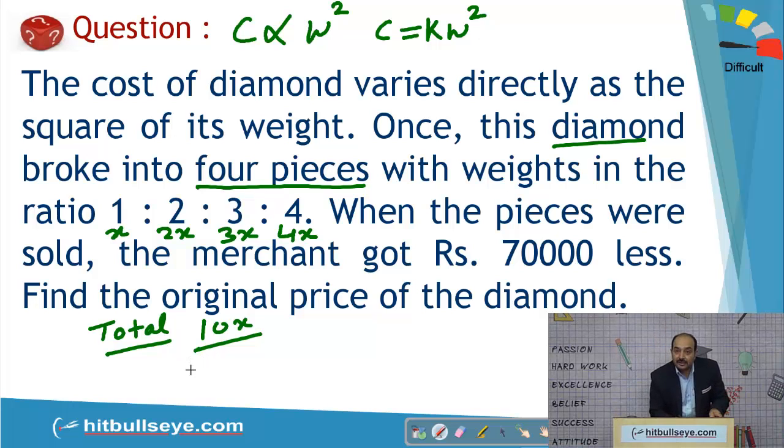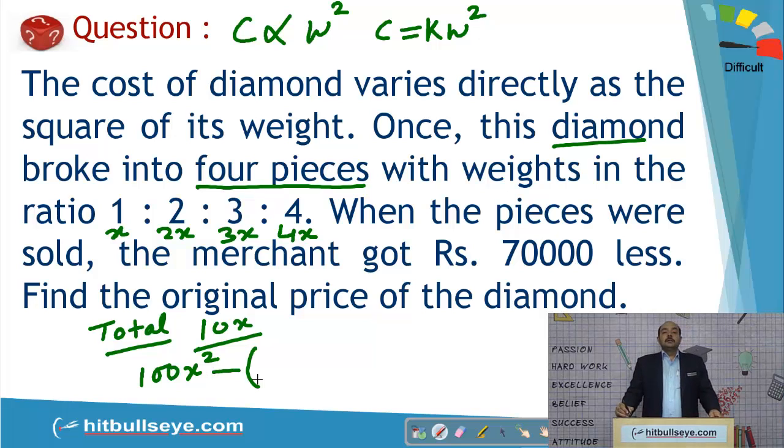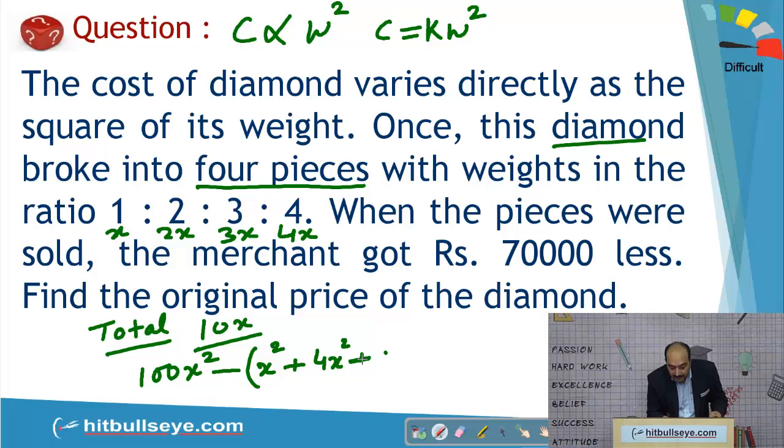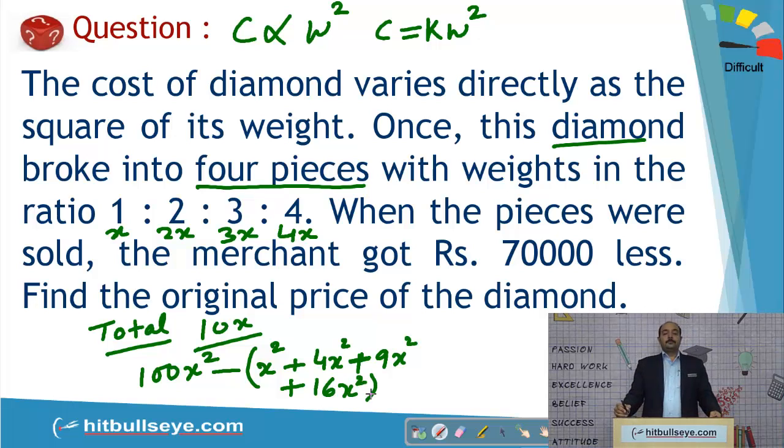So we'll write the equation as, we'll square 10x, which gives us 100x square, minus the costing of these 4 weights. So it gives us x square plus 4x square, then 9x square, 16x square. This becomes the costing after this diamond broke down.